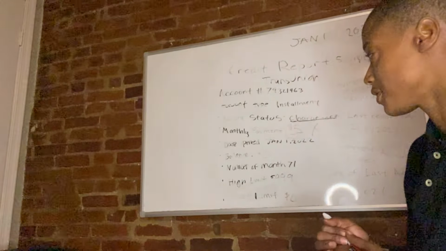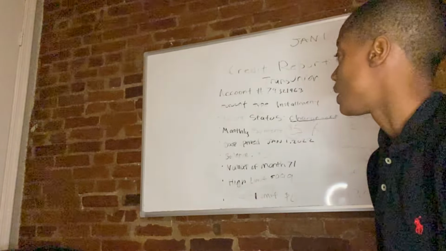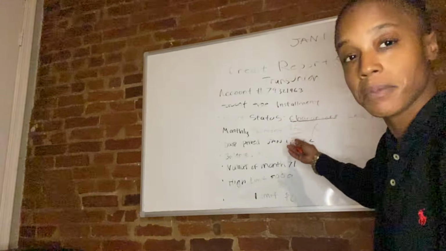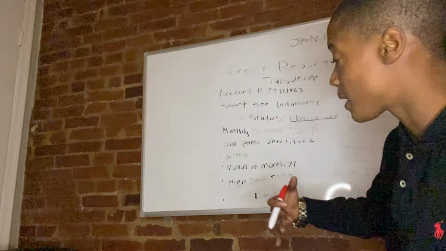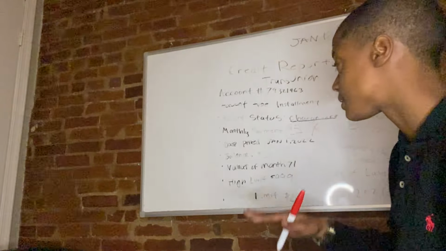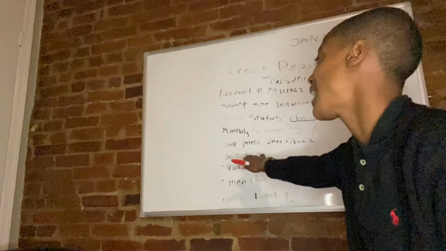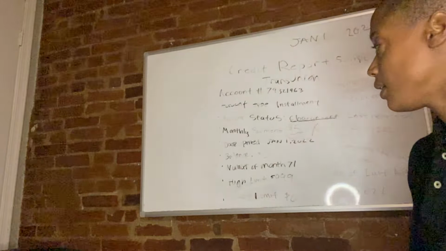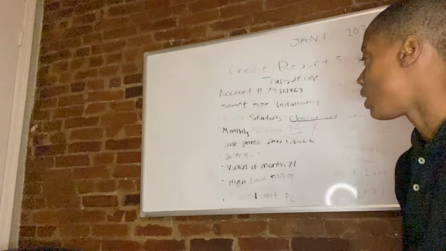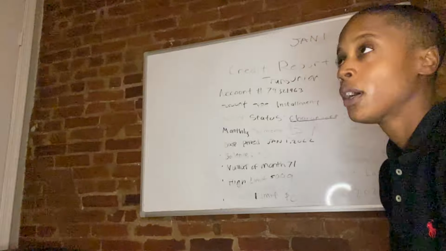Right? Now we got an open date of January 1st, 2022. If you did not open this account January 1st, 2022, that information is incorrect. All information being reported according to the FCRA must be accurate, maybe 72, 36 month.